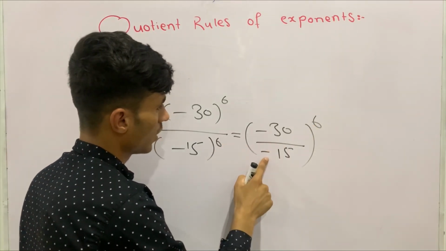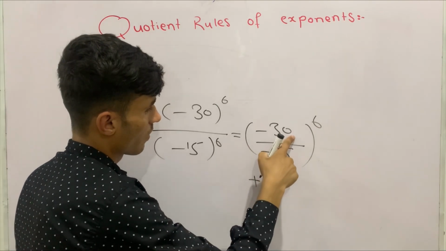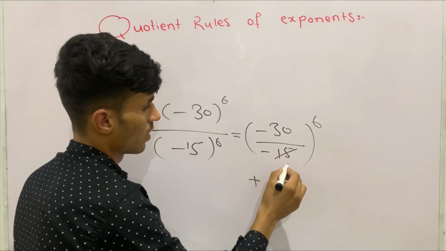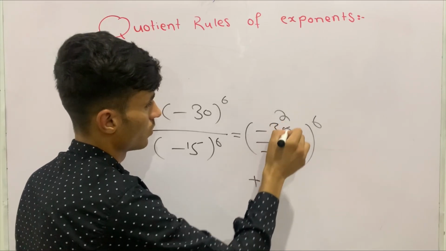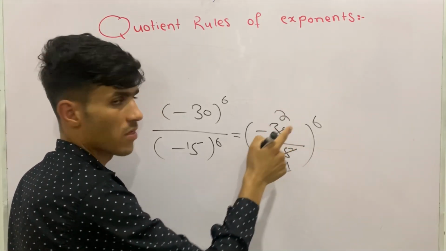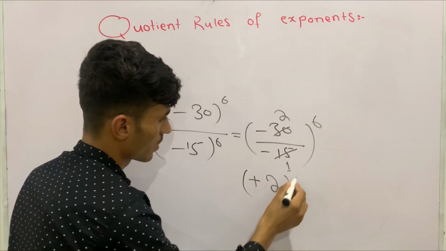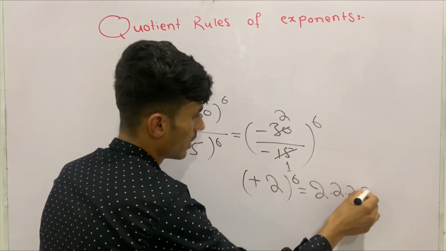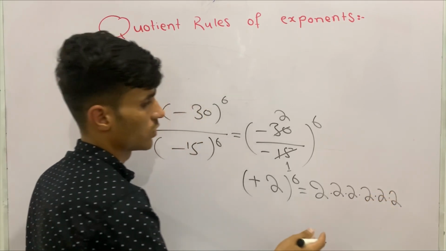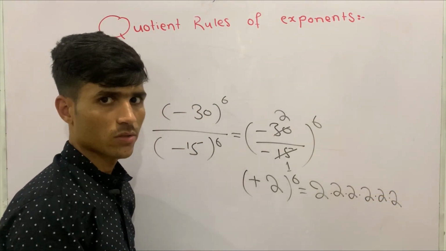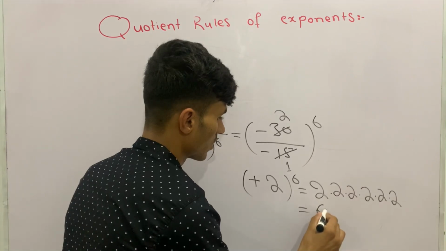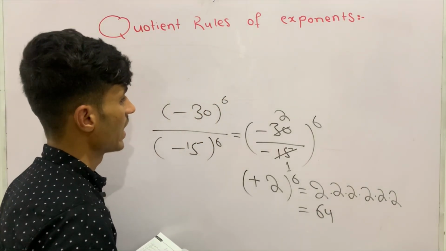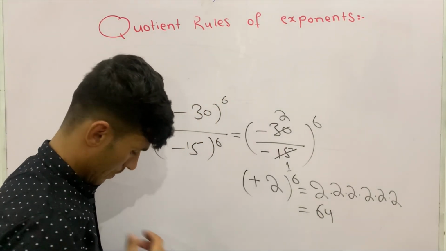So negative divided by negative becomes positive. 30 divided by 15 is 2. So 2 to the 6th. 2 to the 6th means 2 into 2 into 2 into 2 into 2 into 2, 6 factors of 2, becoming 64. This becomes the answer to the given problem.